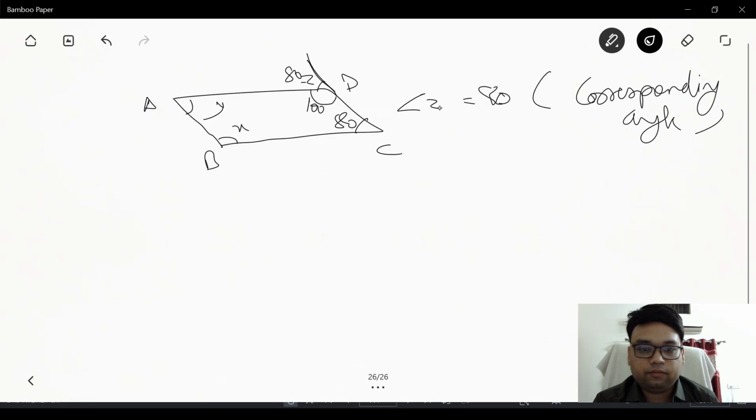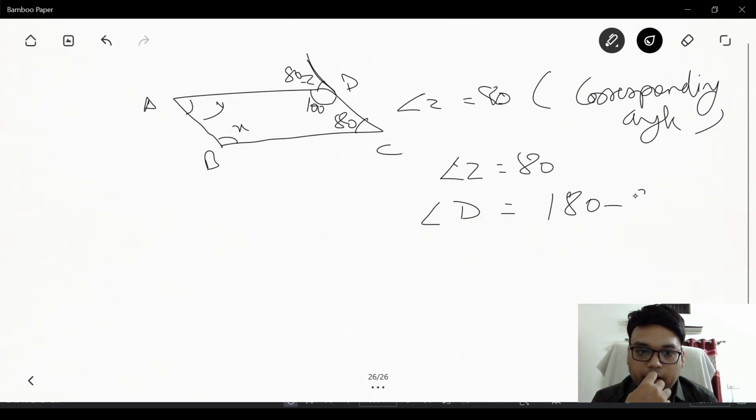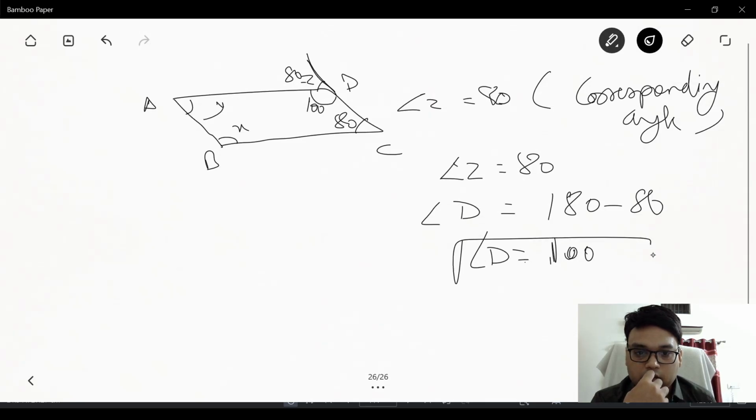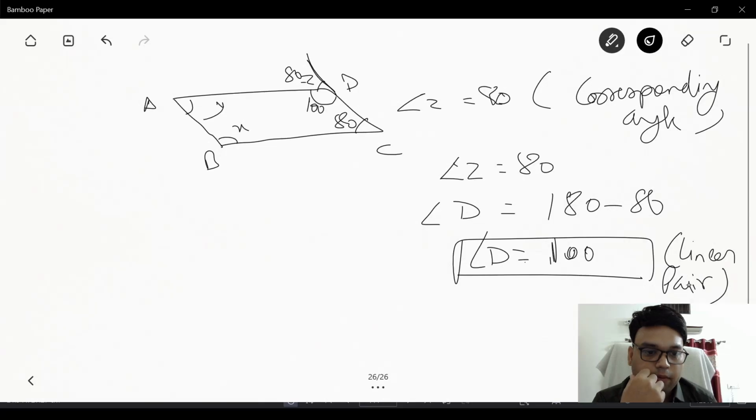Angle Z is equal to 80 degrees, then angle D will be equal to 180 minus 80, so it will be equal to 100 degrees. Yes, we get the answer, but which property is used here? The property used is the linear pair property. You have to write down this property.